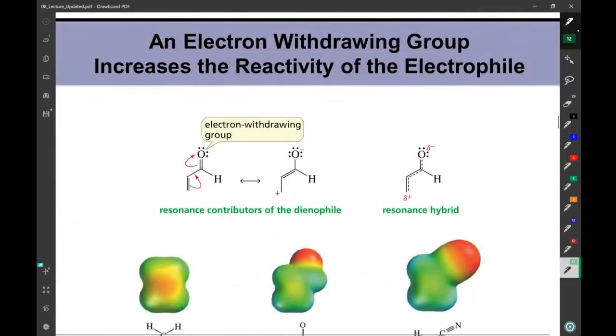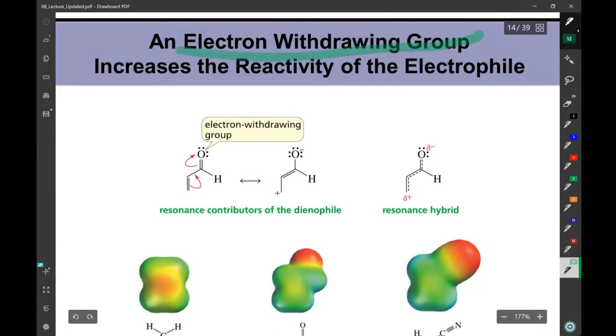Now, next thing I want you guys to note is that an electron withdrawing group increases the reactivity of your electrophile. You remember what electron withdrawing groups are. If you don't know, then I really recommend you go and watch the 10-minute video I posted. That will really help you distinguish what an electron withdrawing group is. And the carbonyl is usually an electron withdrawing group.